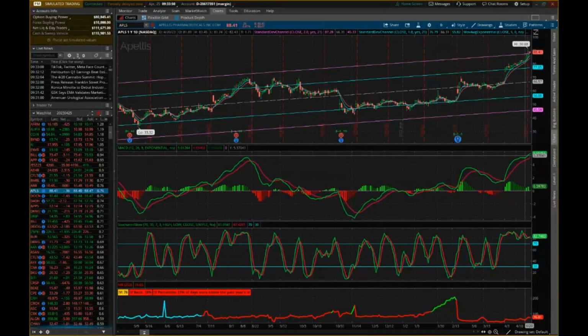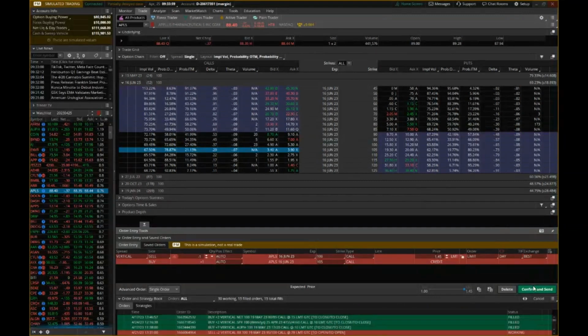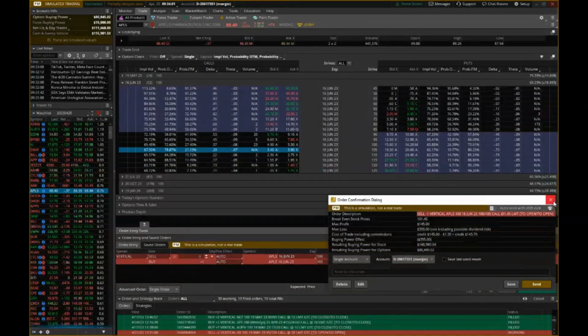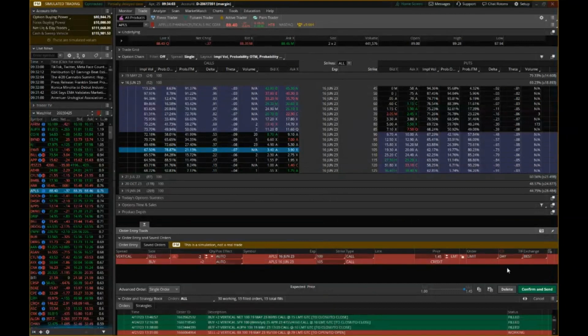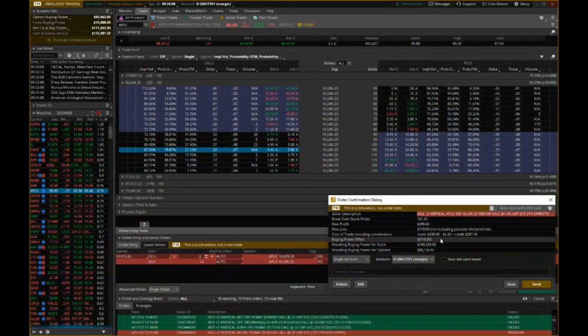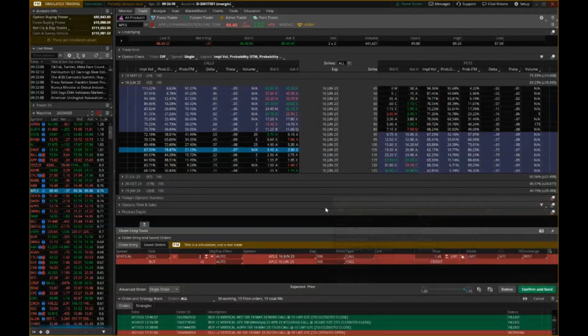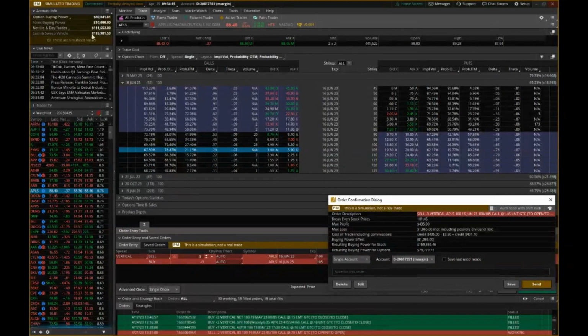And with MACD being at the highest point all year, I'm comfortable putting on the trade. So 400, we could do 2 contracts, change that to GTC, risk 710, actually, 1065, yes, still under 1% of our net liq. Let's do it.